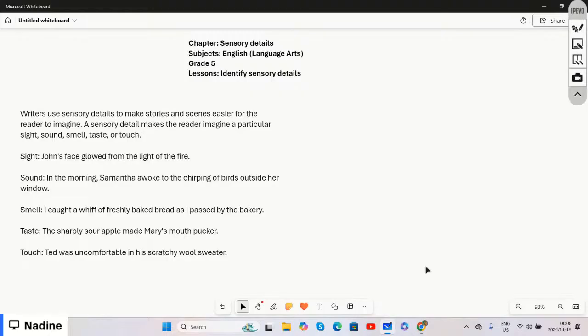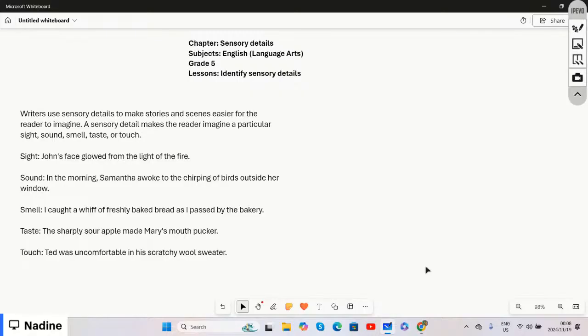Because remember, as a reader, as somebody who picks up a book and is reading, depending on the type of book that you take, there are no pictures. So you cannot see the pictures of whatever the writer is trying to tell us, right? So you need to try and make sense of what the writer is trying to say.